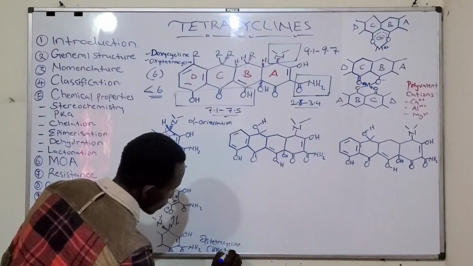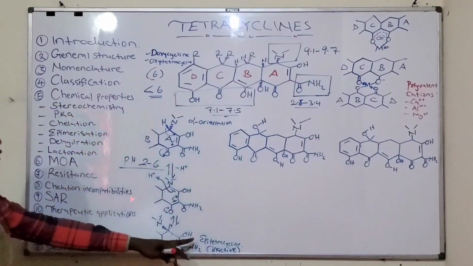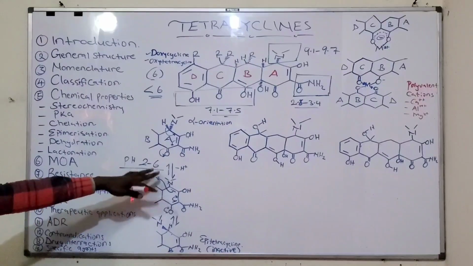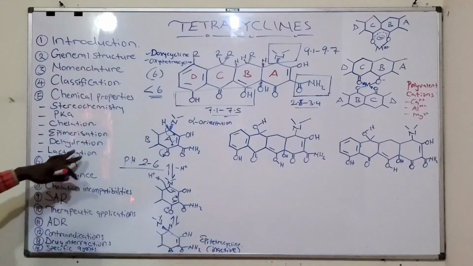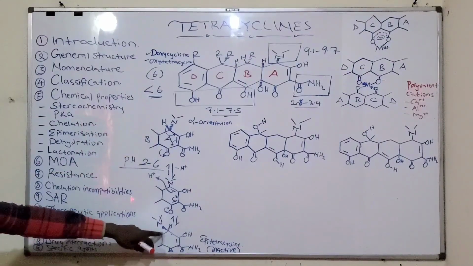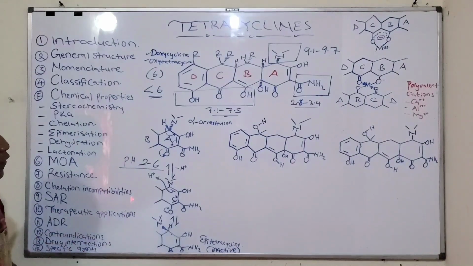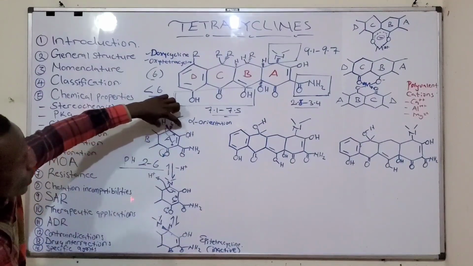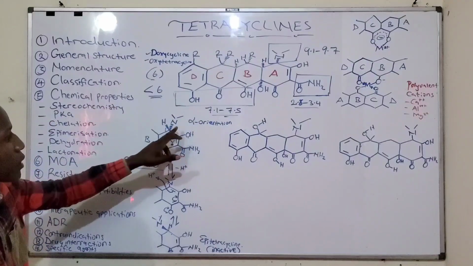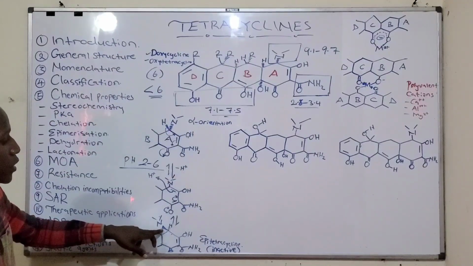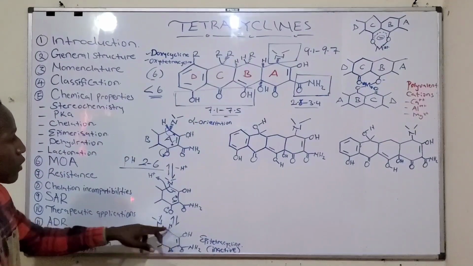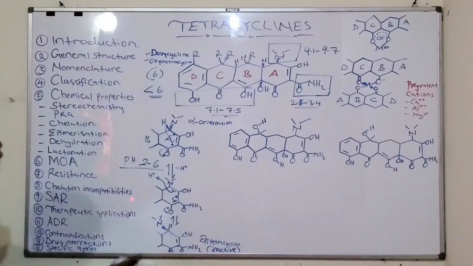It is an inactive epitetracycline at a pH of 2 to 6. Because of the change in orientation, binding will be difficult. If the binding site likes this orientation, this one can fit, but this one won't fit because of the change in configuration.